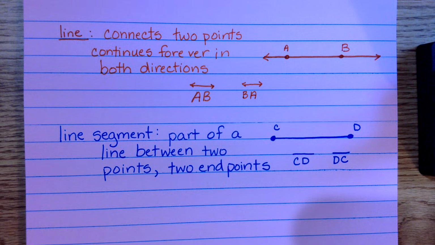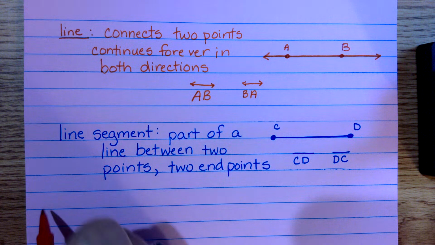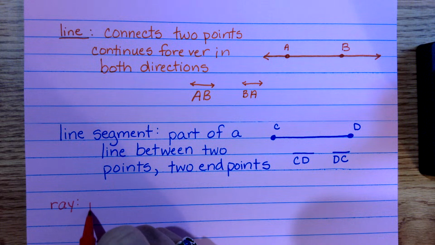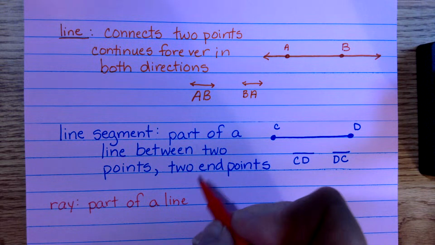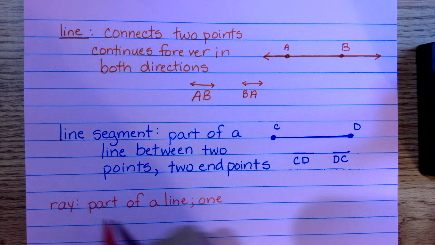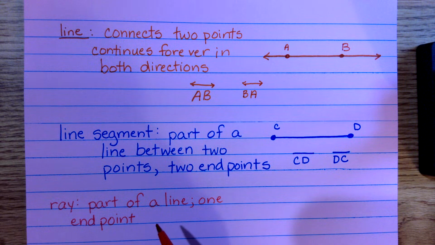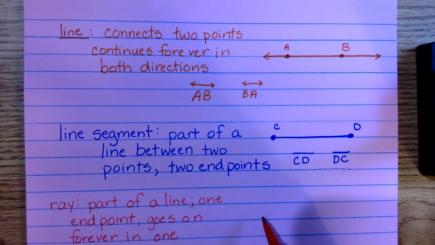A ray is also a part of a line. It's not a full line, but it's a part of a line. So a ray is part of a line that starts at an end that has one endpoint and goes on and on forever in one direction. So for instance, here's the endpoint.